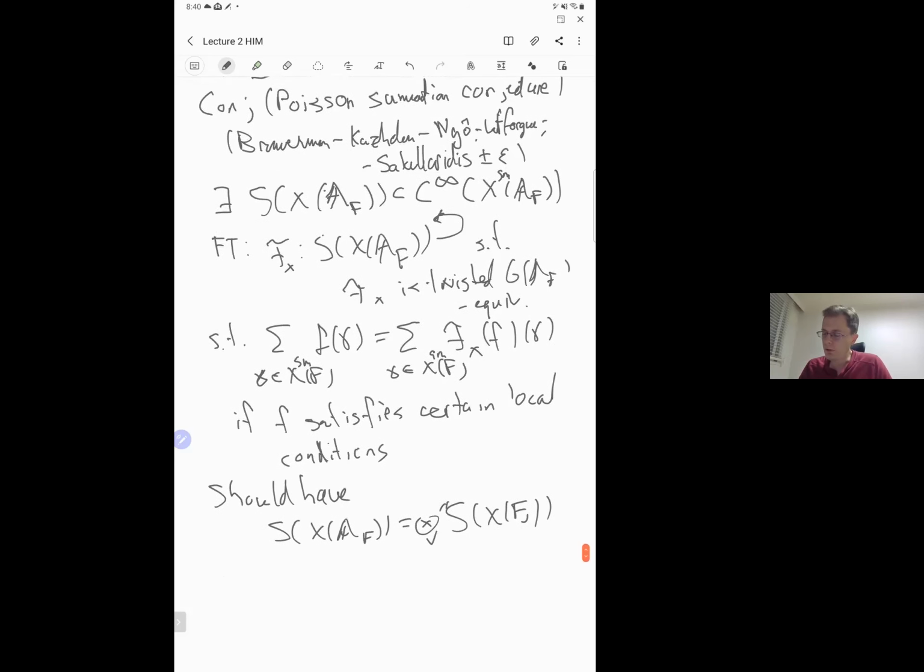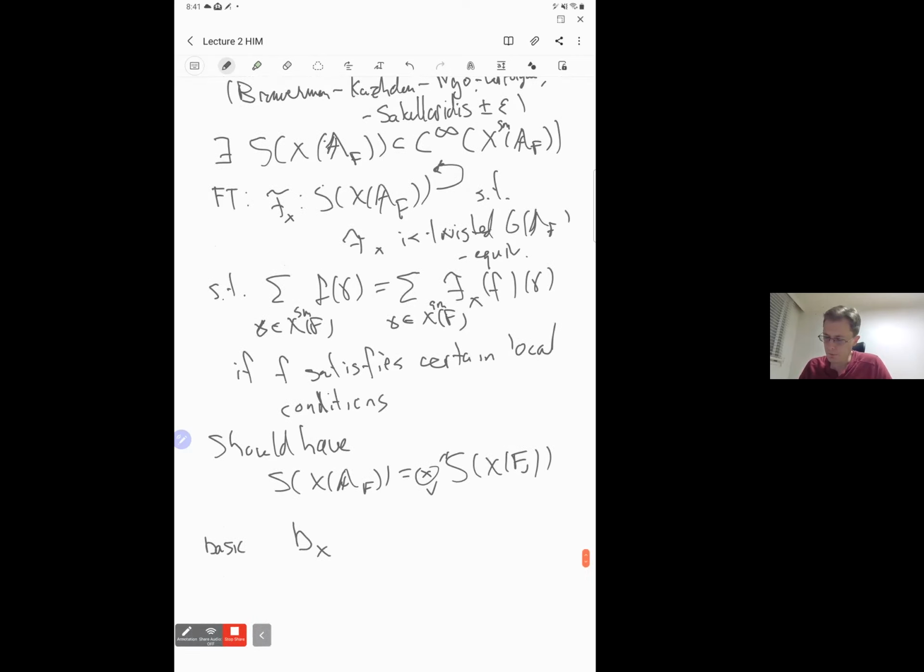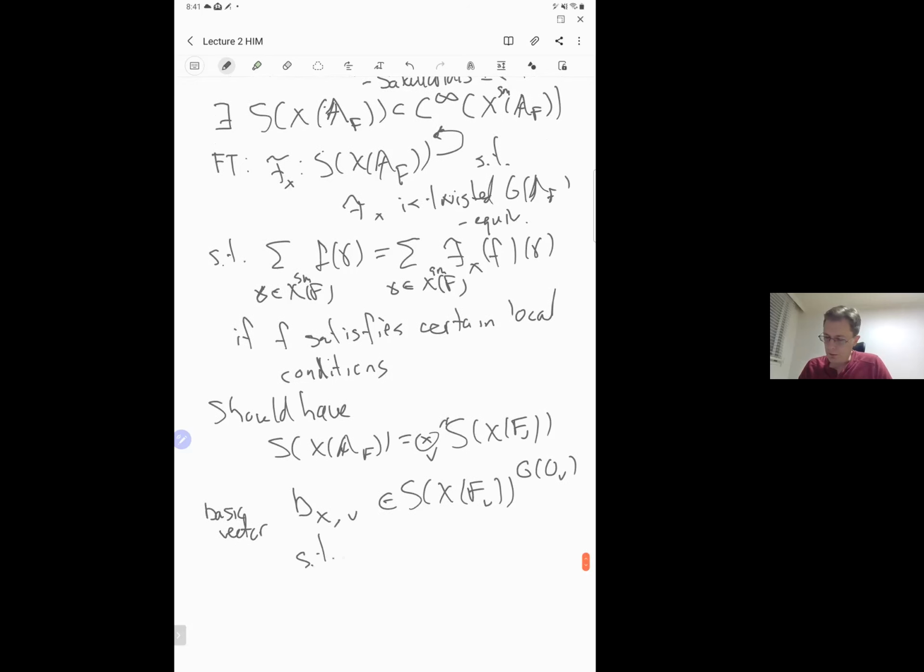Okay, and when you give a restricted tensor product, you have to say what your vector is at almost all places, and your vector at almost all places is the so-called basic vector. b_{X,v} is an element of S(X_v) such that F_{X,v} of b_{X,v} is b_{X,v}.